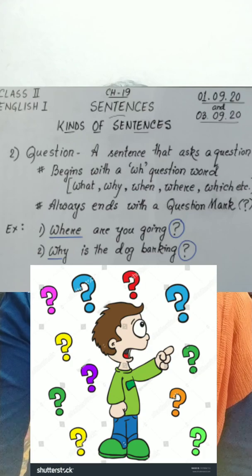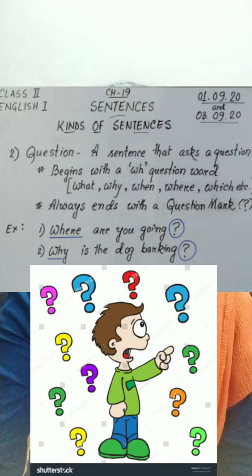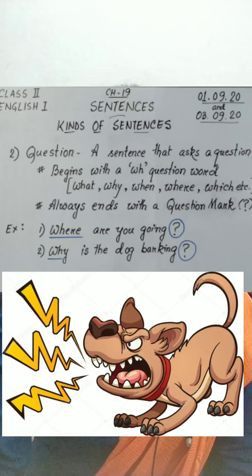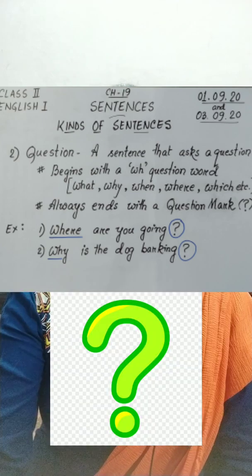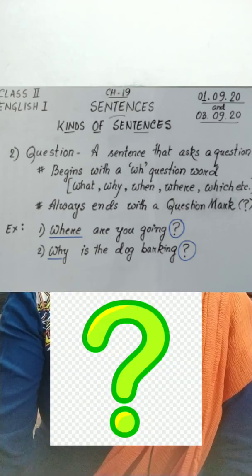Always remember, the punctuation used with a question sentence is a question mark or a note of interrogation. Now, let's look at some of the examples. Where are you going? Why is the dog barking? See, both the sentences are ending with question marks.